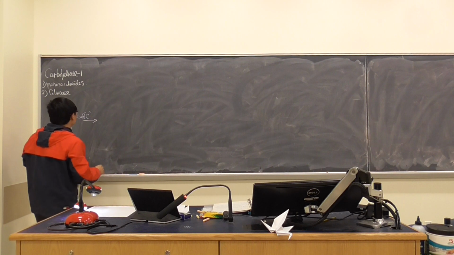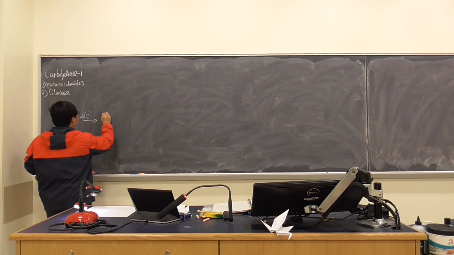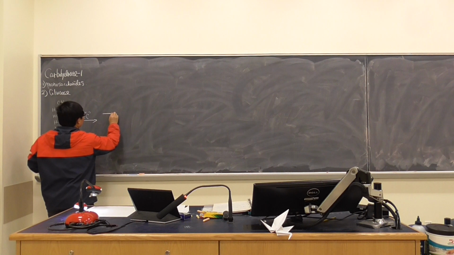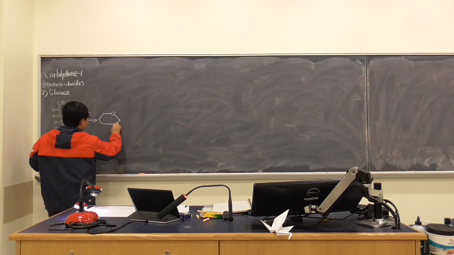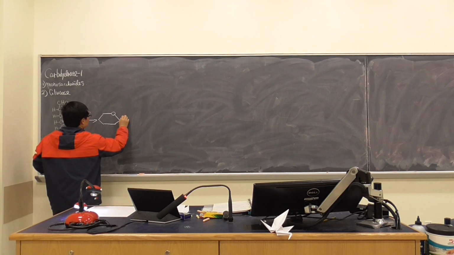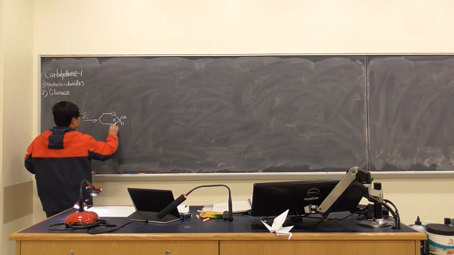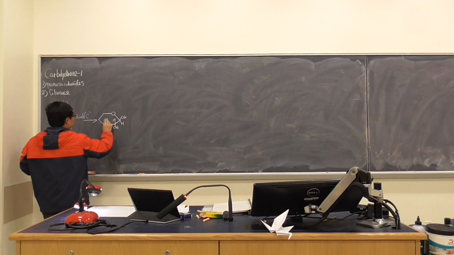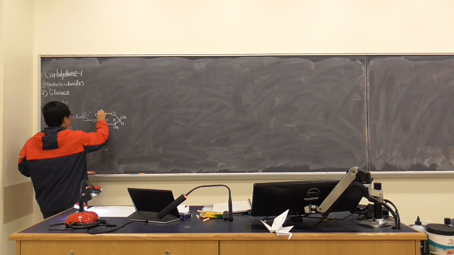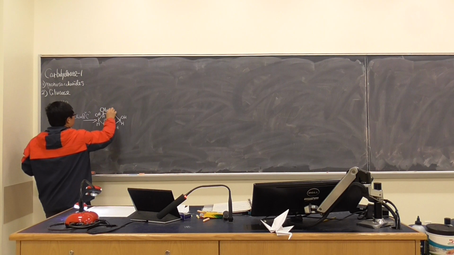So lots of the time we will write glucose as a ring structure. And this ring structure looks like this: OH, H, H, OH, then OH, H, and then here is H, OH, and this is H and CH2OH.